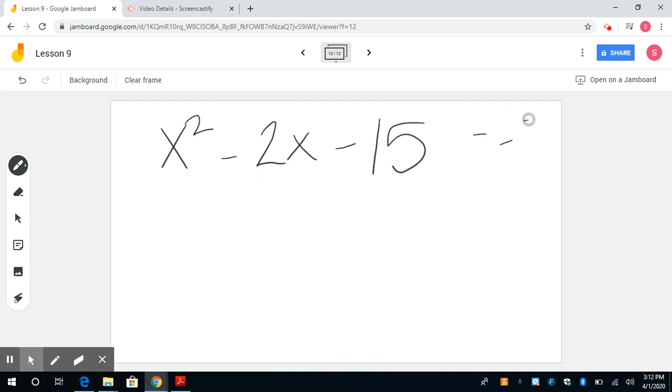Again, 2 numbers that make -15 and add to -2 just don't exist. If we did use 5 and 3, let's see. Actually, this does work.